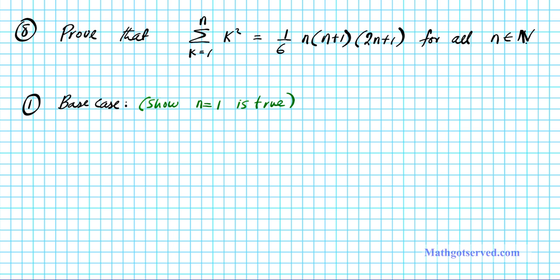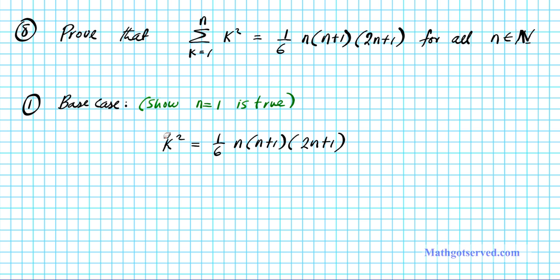Okay, so let's carry out our base case. All we're going to do is plug in 1 into k. Since that was the first number, we're not adding it with any other number. Let's write out the statement first: the sum of k squared equals 1 over 6 n times n plus 1 times 2n plus 1.